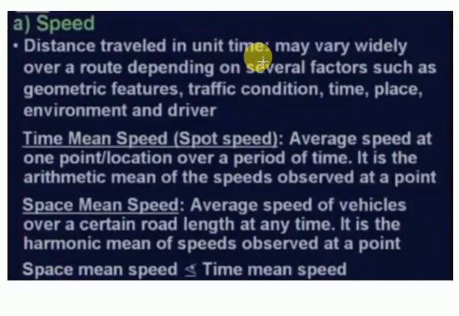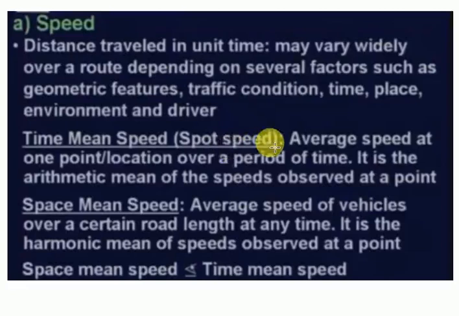To represent this variation, several types of speed can be defined. Among them, certain types of speed are considered for design purposes. Some of the commonly termed speeds are the time mean speed and the spot speed.